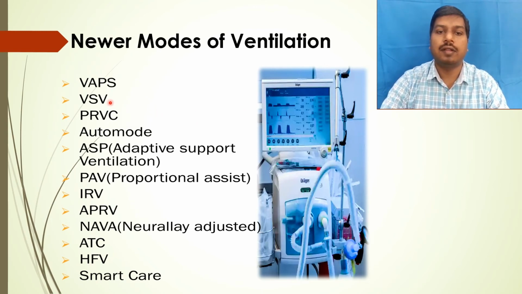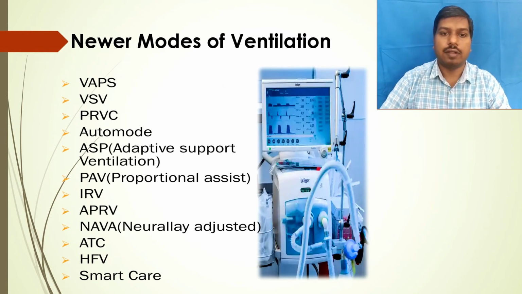Some of them are volume assured pressure support, volume support ventilation, pressure regulated volume control, auto mode, adaptive support ventilation, proportional assist ventilation, inverse ratio ventilation, airway pressure release ventilation, neurally adjusted ventilatory assist, automated tube compensation, high frequency oscillatory ventilation, and smart care. Some of the newer modes of ventilation we will discuss here.